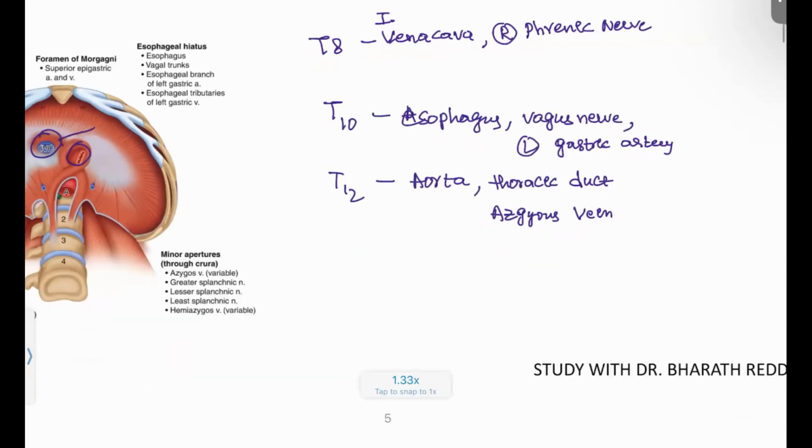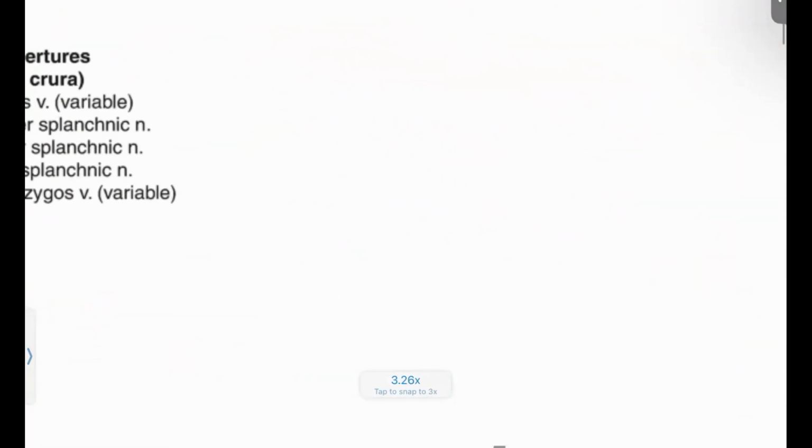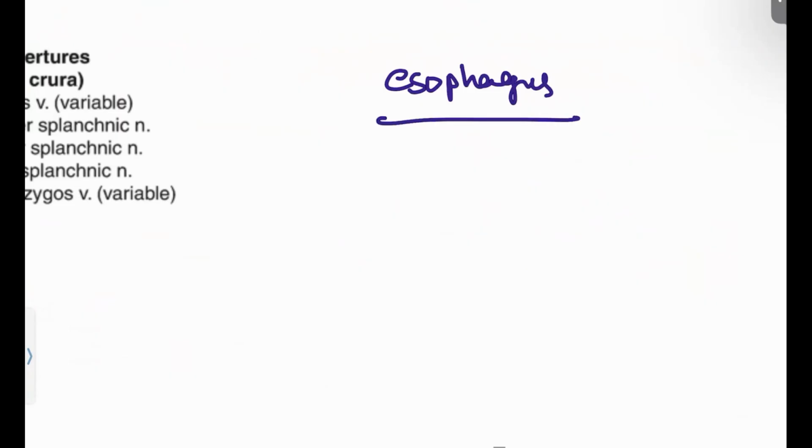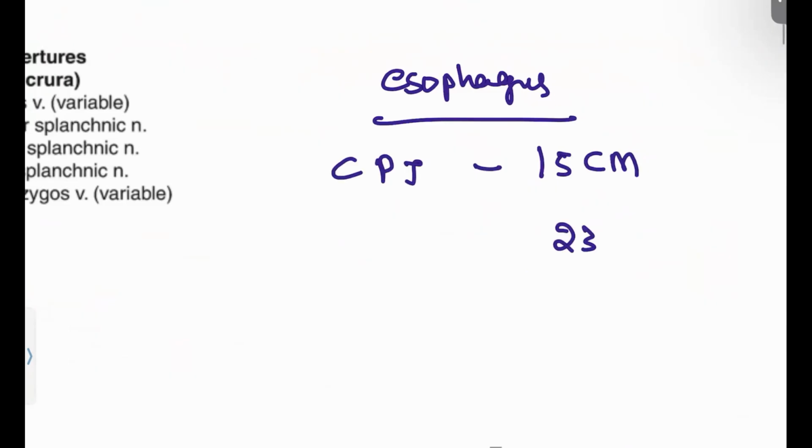Now, also the esophagus constrictions from the lower molar. Here, the esophagus length and the structures passing through. At 15 centimeters, you have the cricopharyngeal junction. At 23 to 25 centimeters, it is your aorta.